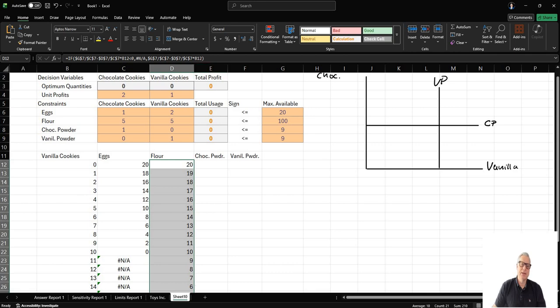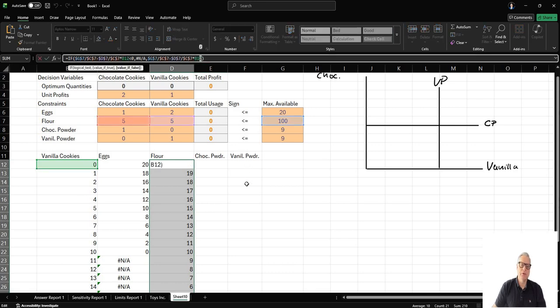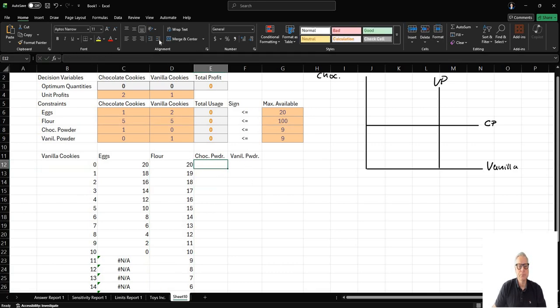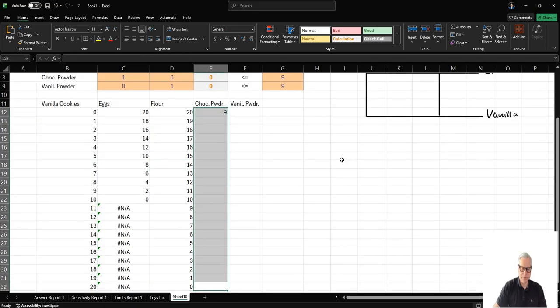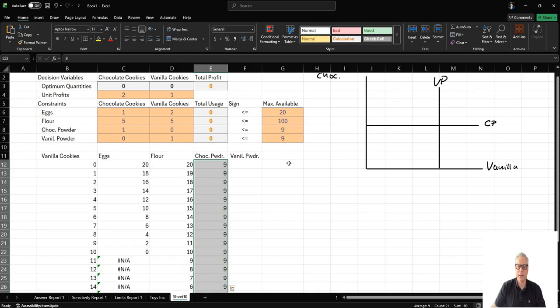I accidentally deleted the 2 from the B12, so it was another problem related to the dollar signs. Now that looks correct. So now we set the chocolate powder, it's always 9. So that will be the horizontal line.